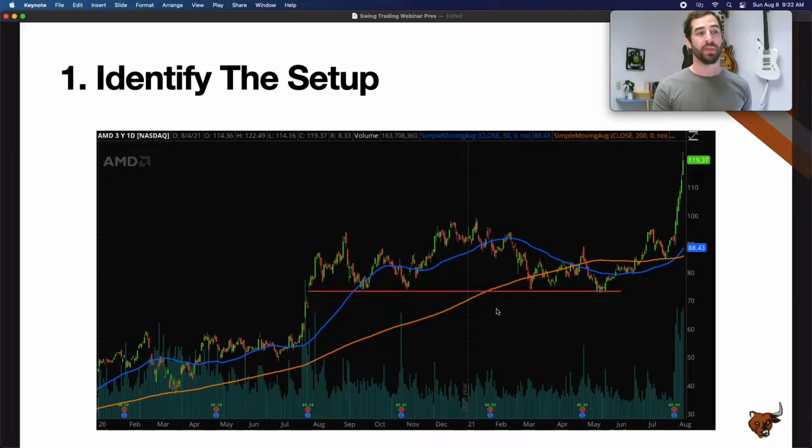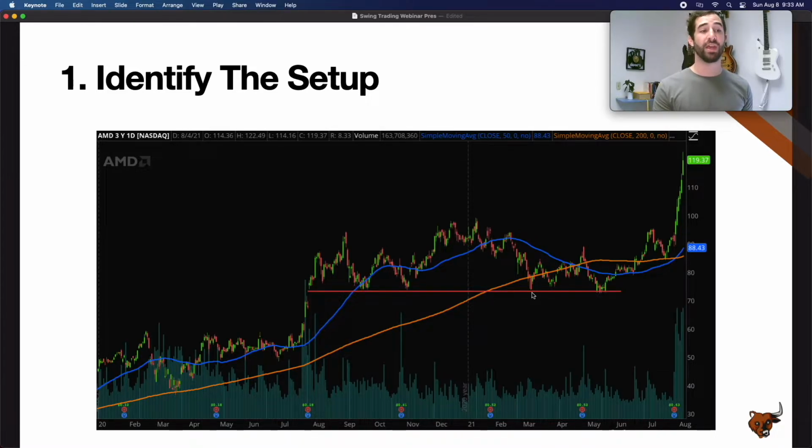Okay? And this level is so important that when it pulls back here, it is not able to hold the 200 MA, which is a big support level generally speaking, but it is able to hold this double bottom that it had formed a couple of months before.